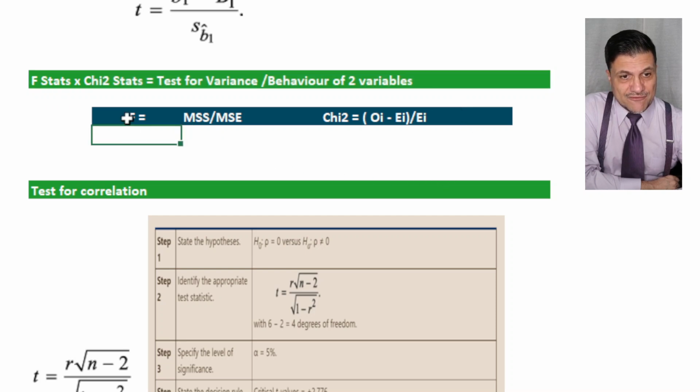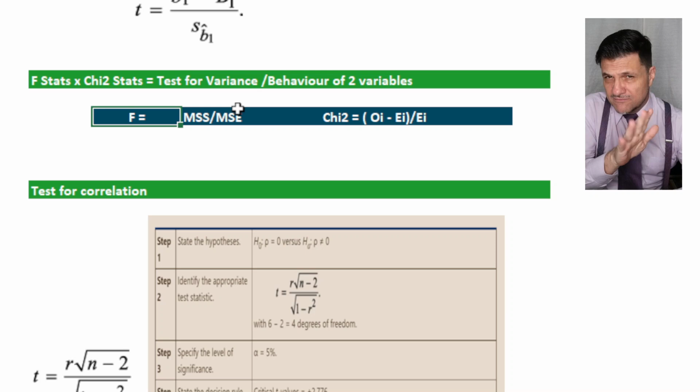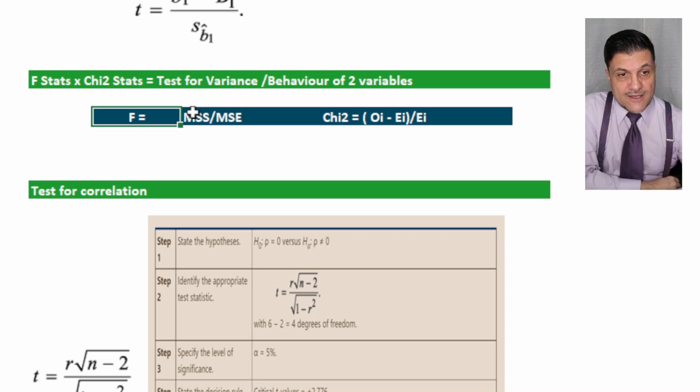So the F, I just put the formula here, but I don't think you need to worry much. It's called mean sum of squares, excuse me, divided by mean square error, okay? So I'm going to show in linear regression, not now, but when I get to linear regression, that the MSS and MSE are the average errors. The MSS is the good deviation, and the MSE is the bad deviation.